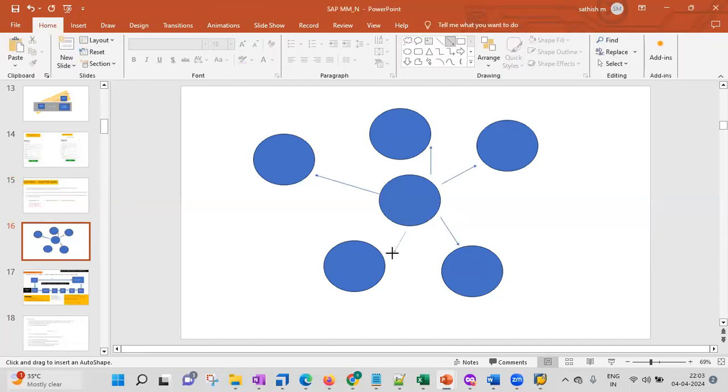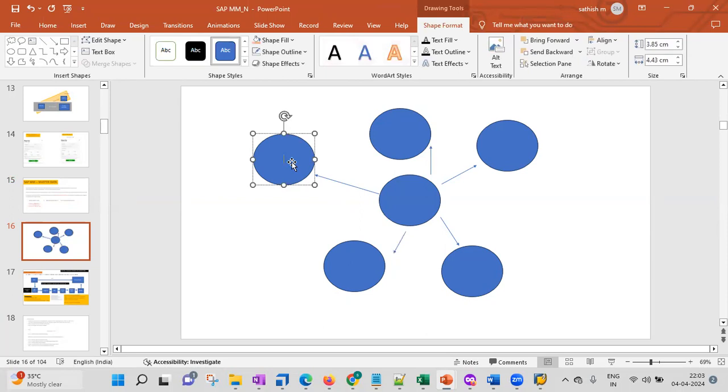Let's take this as SAP SD, this as the SAP HR module, this as SAP MM, this as SAP PP, and this as SAP QM.